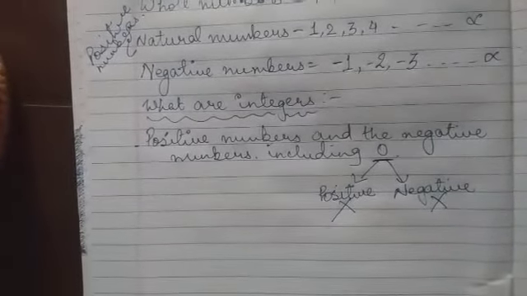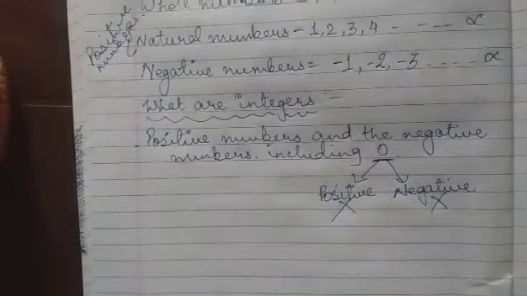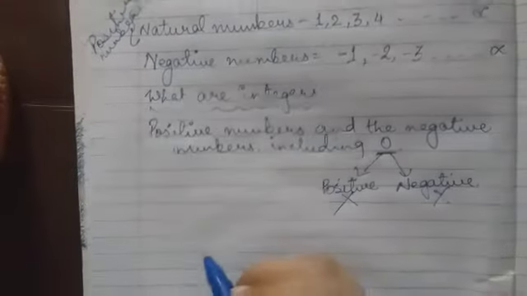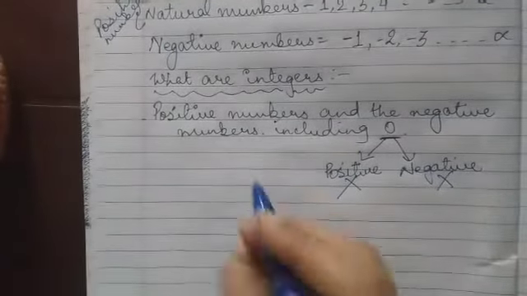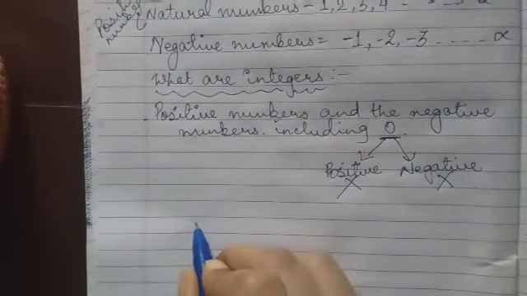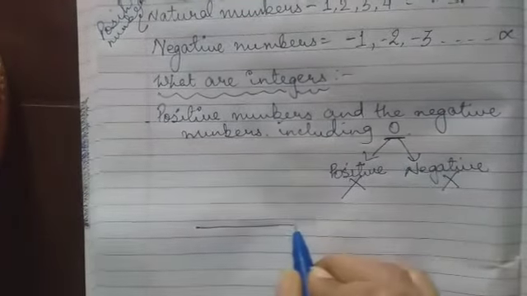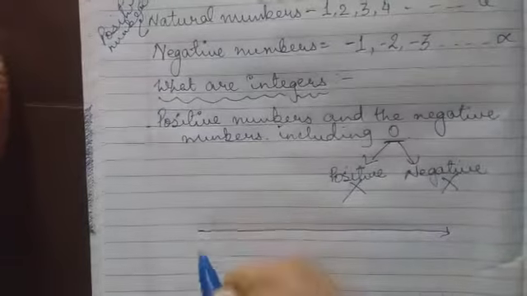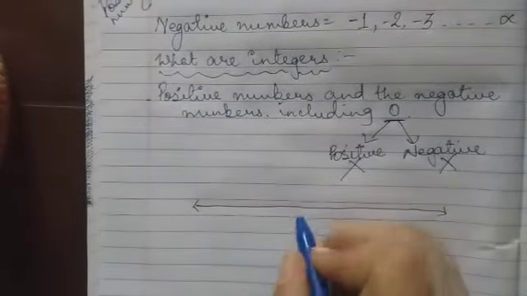Now how to locate these integers on a number line? How to draw a number line first? Make a line. In between write down 0.